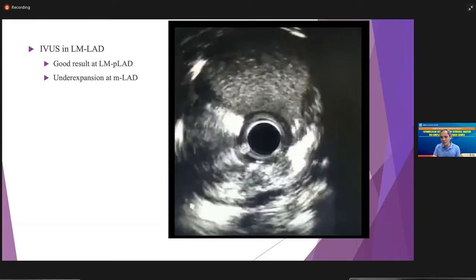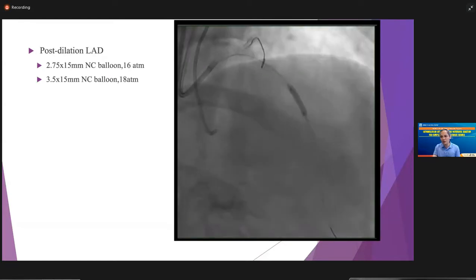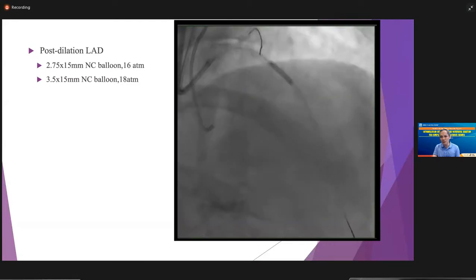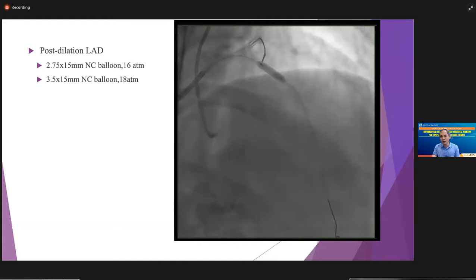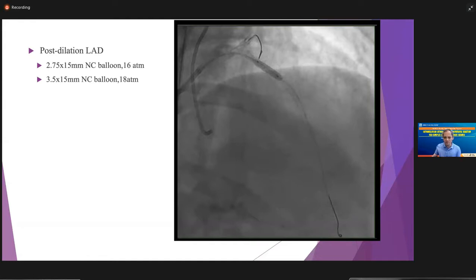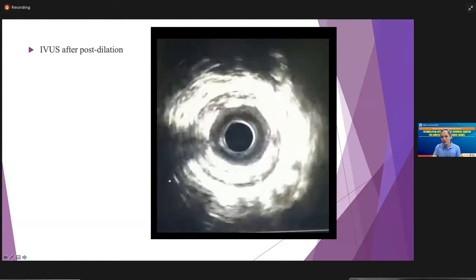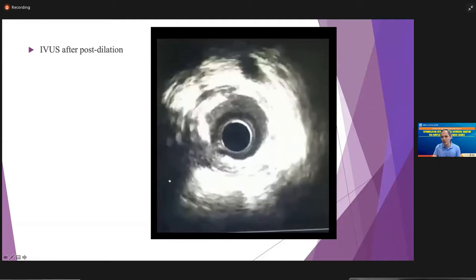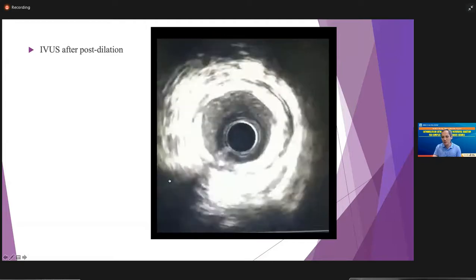We decide to do dilatation with a bigger balloon in the first stent in LAD with 2.75 at high pressure, and use the 3.5 balloon with 80 atmosphere. After that, we use the IVUS again to see the first stent in LAD is better.